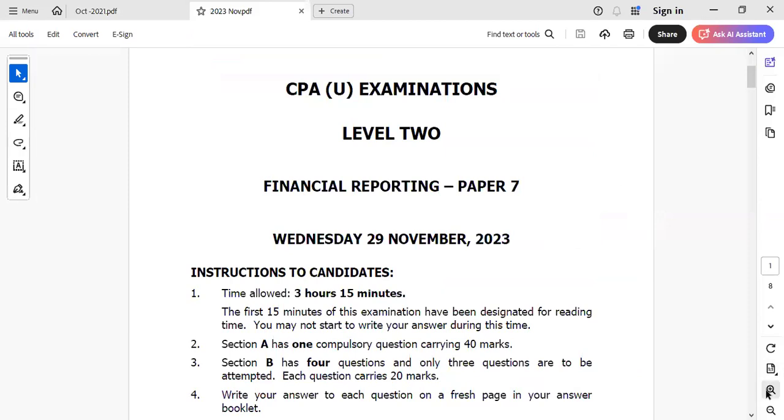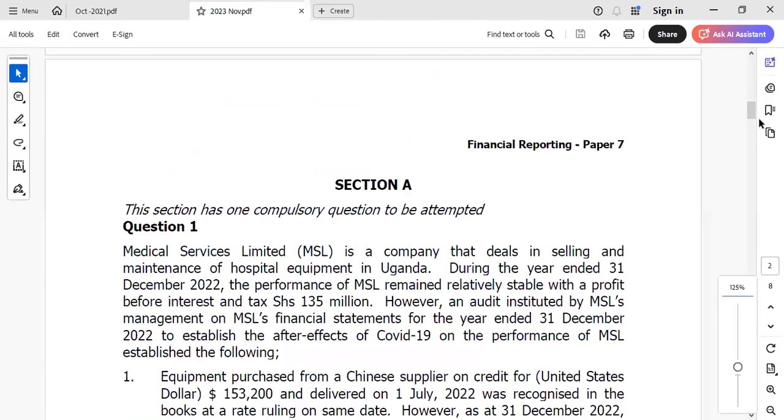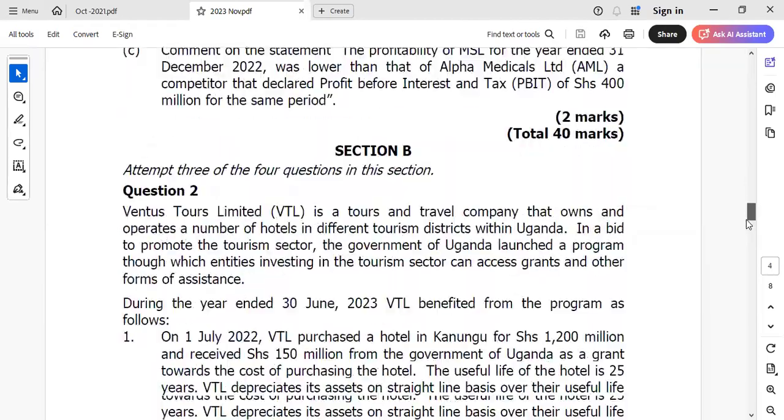Are you seeing the paper? November 2023. It looks like I saw.